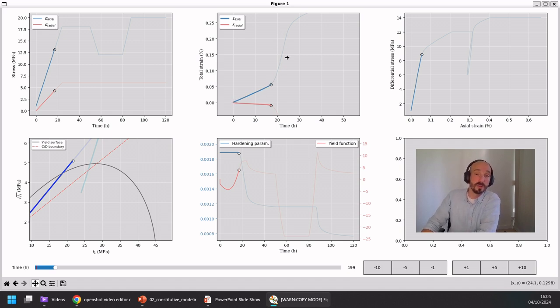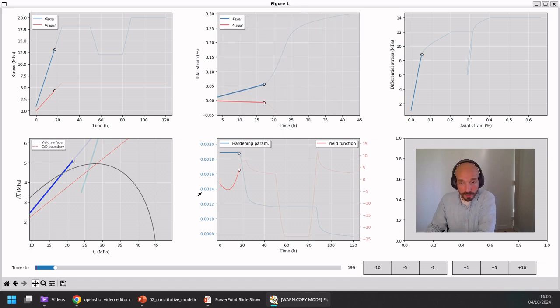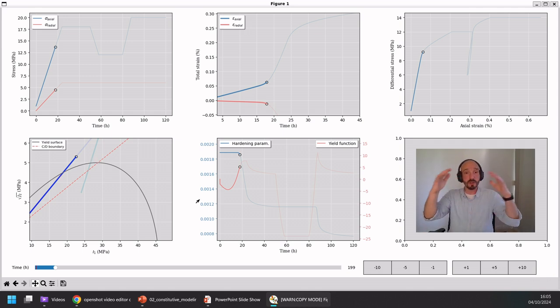There is a jump in the deformation. And let's see when it happens. So you can see that now we have viscoplastic deformation, and the yield surface starts to expand.